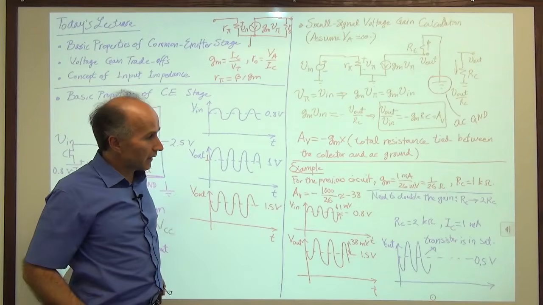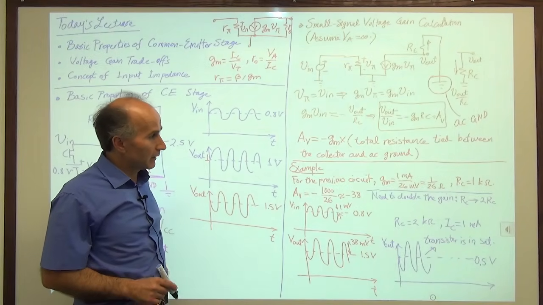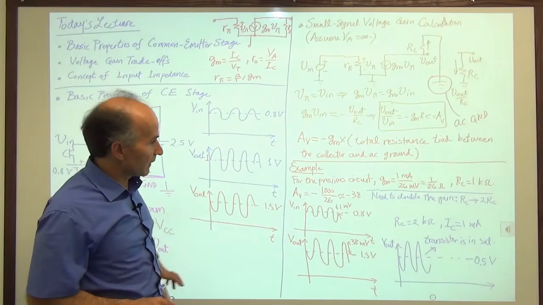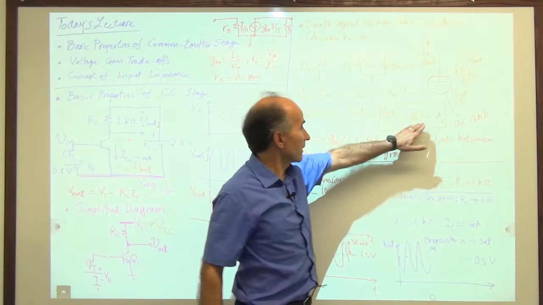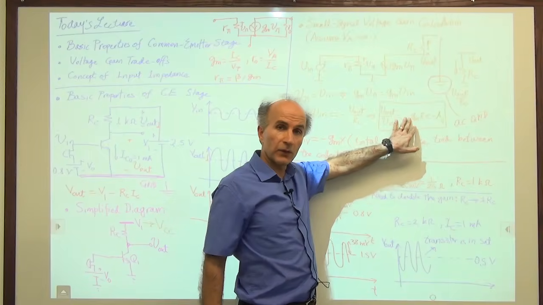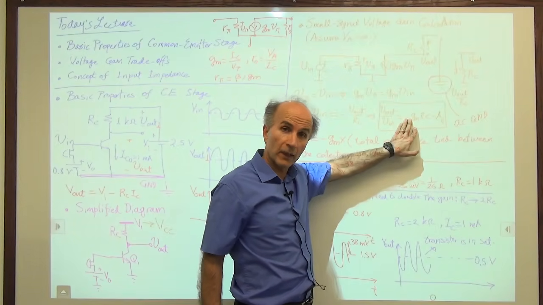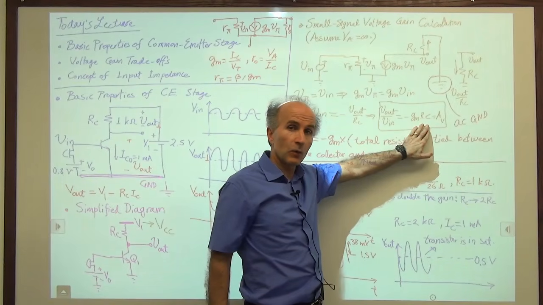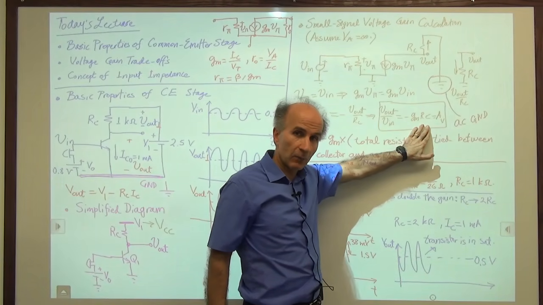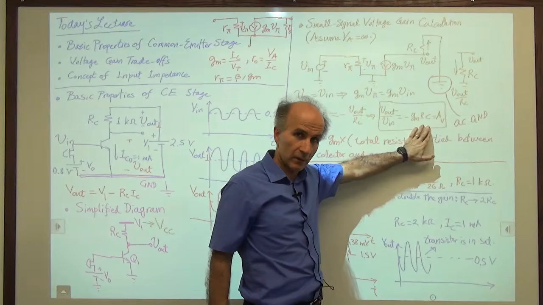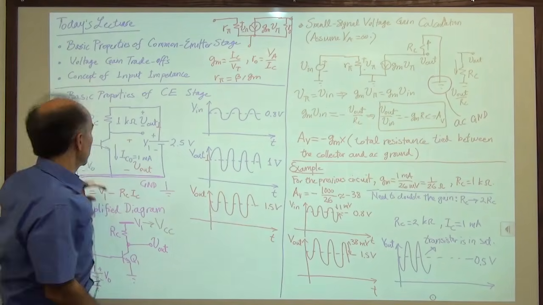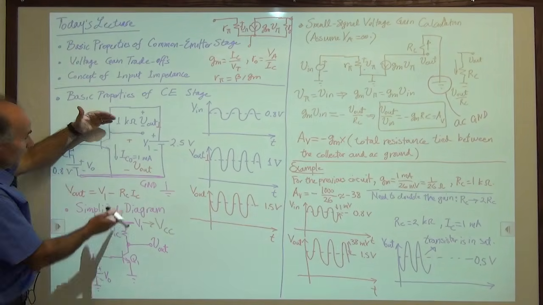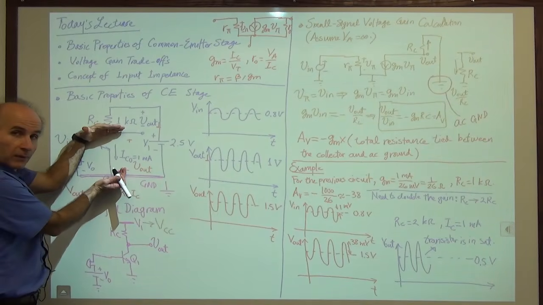So that's an interesting observation. It tells us that we can't just go ahead and increase RC to increase the voltage gain. Eventually, as RC becomes larger and larger, we don't have any more DC available for the collector. Right? When we started out with a 1 kilo ohm resistor here, we had 1.5 volts available.